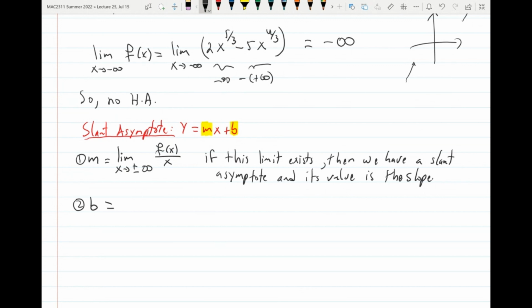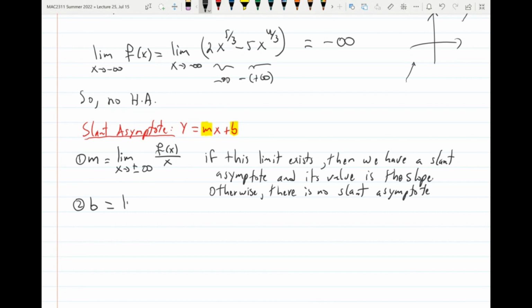Okay, if this limit exists, then we have a slant asymptote and its value is the slope. Otherwise, there is no slant asymptote.